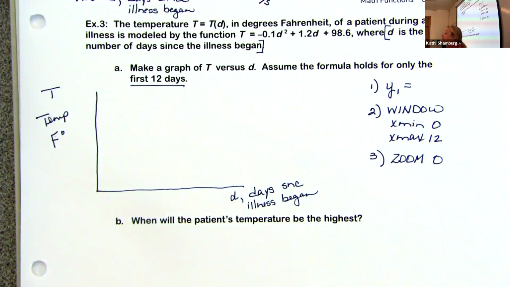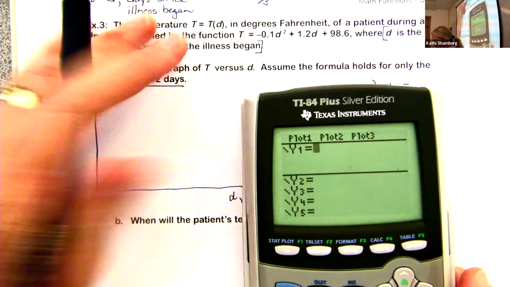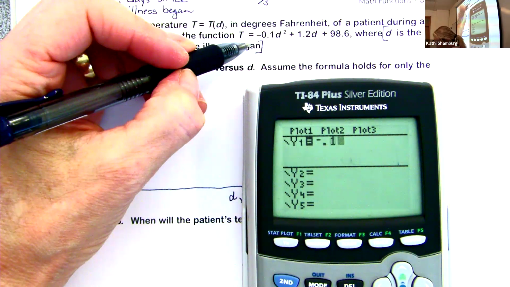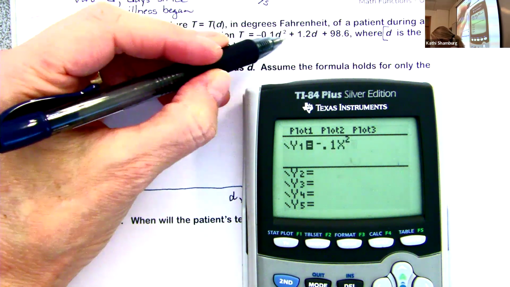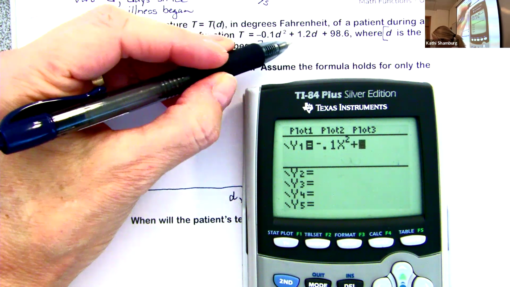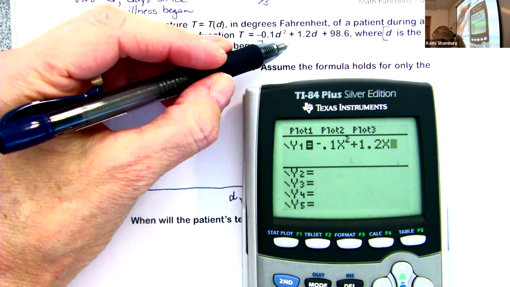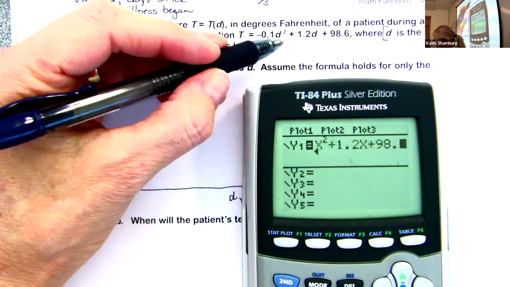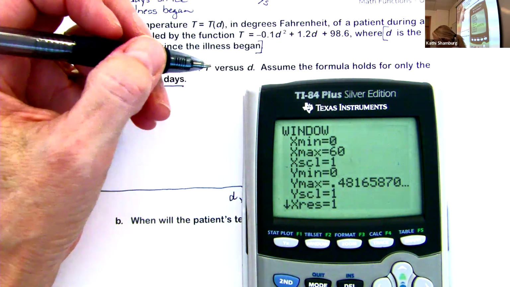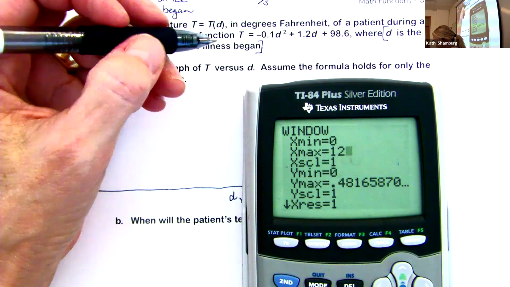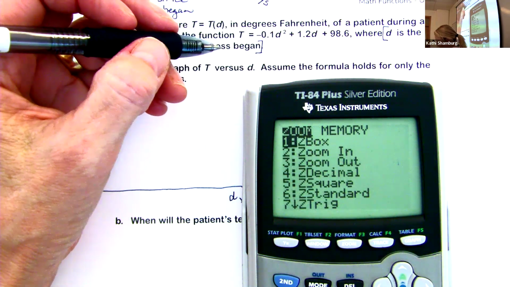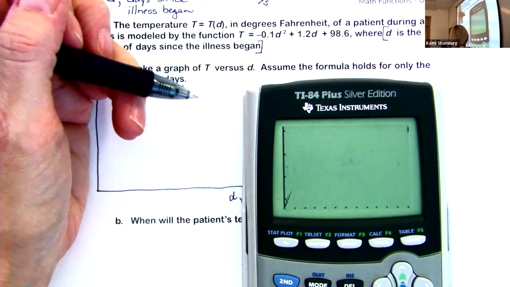Just being observant is all. All right, negative 0.1x squared plus 1.2x plus 98.6. Window, what did I say, 0 to 12? Yes. And then Zoom 0 and be patient.